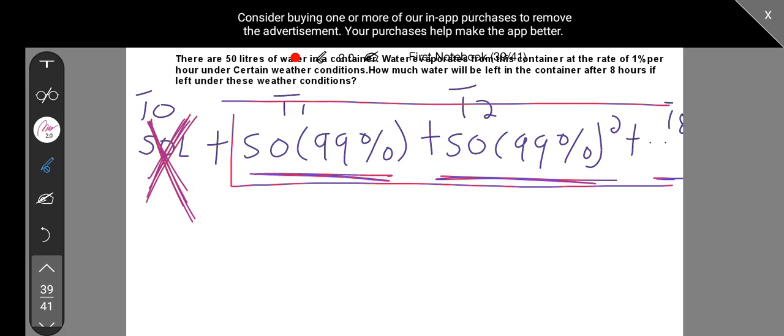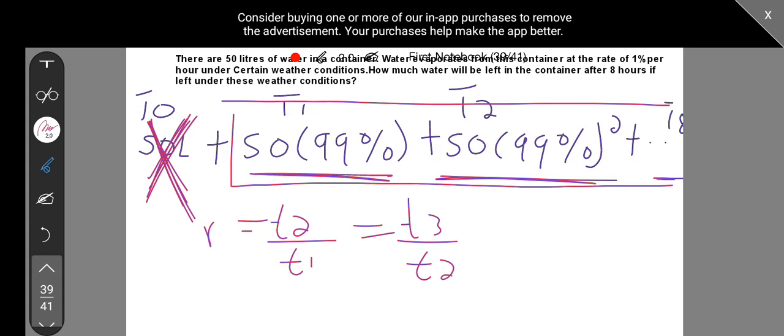So this is a geometric series, if we can check. How can we prove it? We can say that r is equal to T2 over T1, which is equal to T3 over T2. Or you can check that to move from T1 to T2, we multiplied by the ratio, which is 99%. Isn't it that 50 multiplied by 99% times 99% gives you 50 times 99% squared?